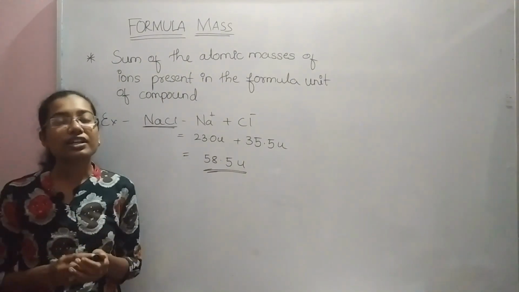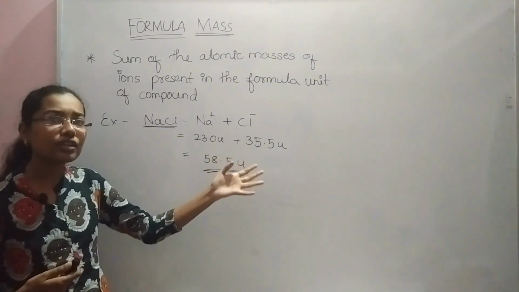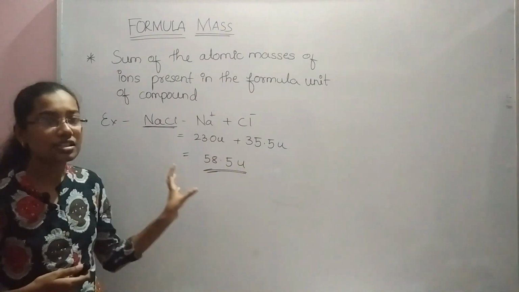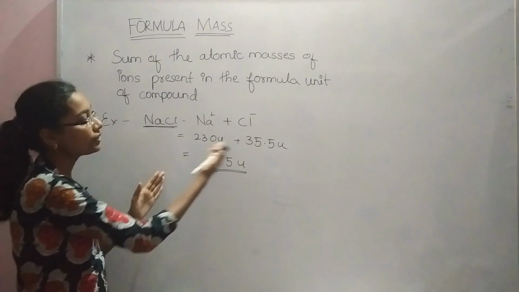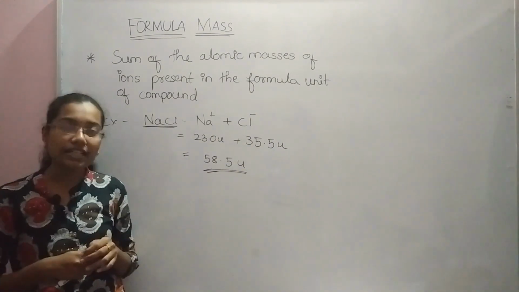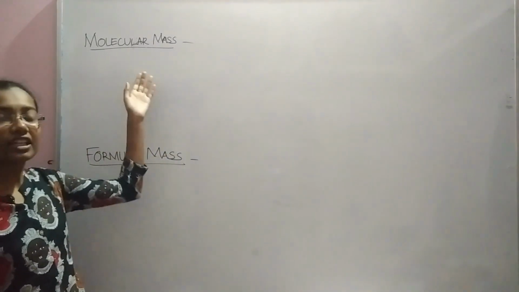Now we'll see what is the difference between molecular mass and formula mass. There also we have calculated it from the sum of the atomic masses only. Here also it is the sum of the atomic masses of the atoms only. Here we'll see the differences. First one is molecular mass.